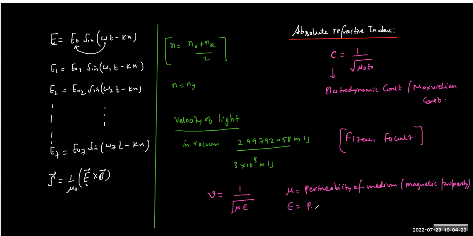It's called the permittivity of the medium. And this is called the electric property. Sir, epsilon naught is for vacuum? Yeah, that is for vacuum. It is for the medium, any medium.